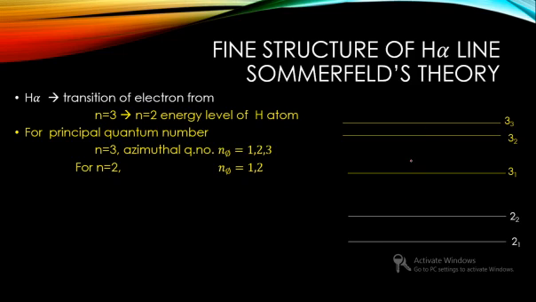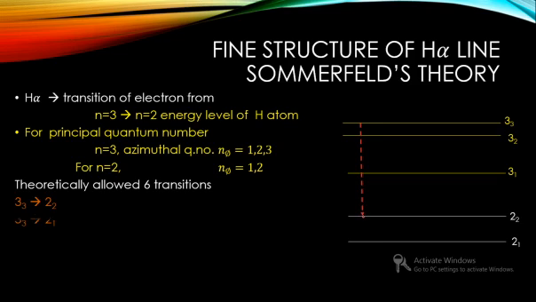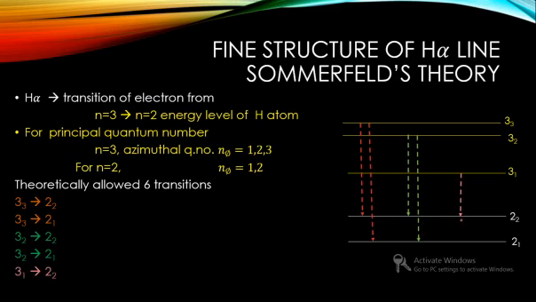How many possibilities of transitions do we have? We expect 3 into 2, that is, theoretically 6 transitions would be possible: 3,3 to 2,2 and 3,3 to 2,1; 3,2 to 2,2 and 3,2 to 2,1; 3,1 to 2,2 and 3,1 to 2,1.